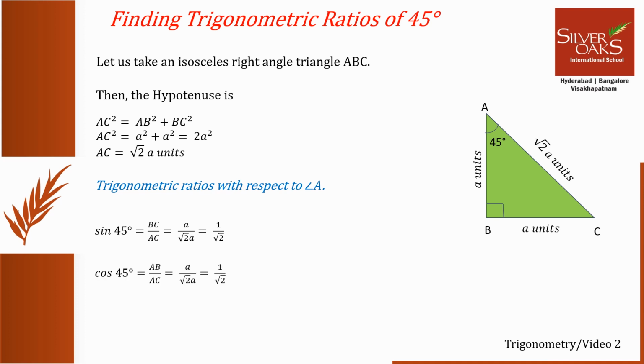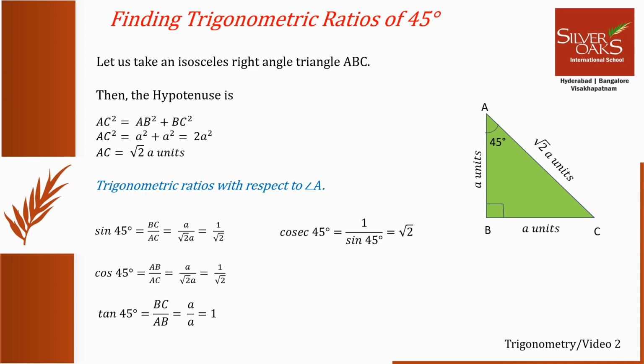Cos 45 degrees is adjacent side by hypotenuse, which is AB by AC, which is equal to A by root 2A, equal to 1 by root 2. Tan 45 degrees is equal to BC by AB, opposite by adjacent, which is equal to A by A, equal to 1.